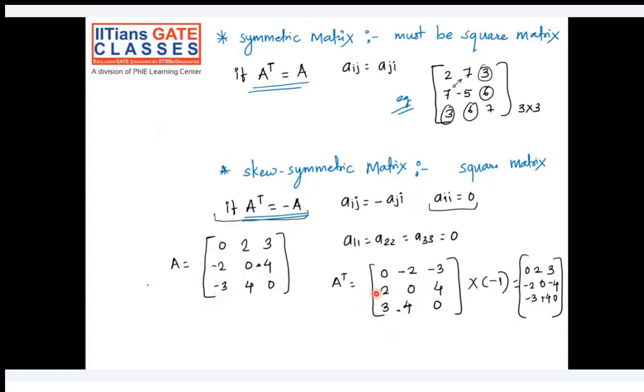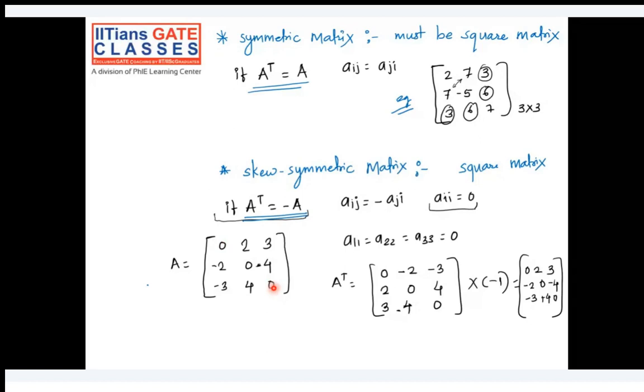But in place of diagonal elements, if I put some other numbers apart from 0, let's say 1, minus 3, 8, something like this, after multiplying by a negative sign, the sign of those numbers will change, and we cannot prove that A transpose equals minus A in that case.